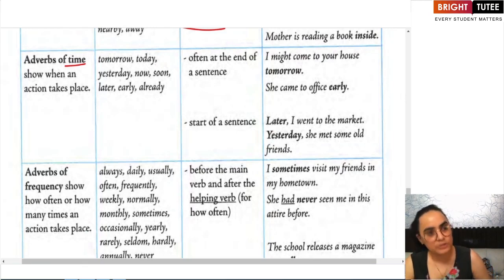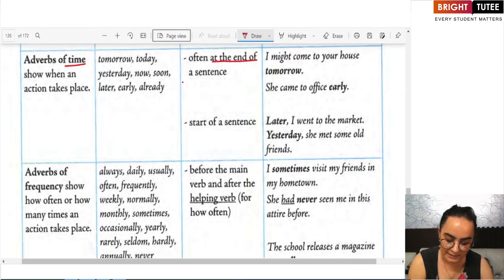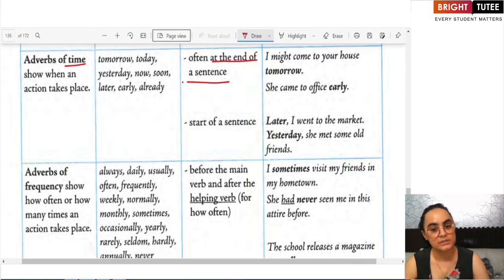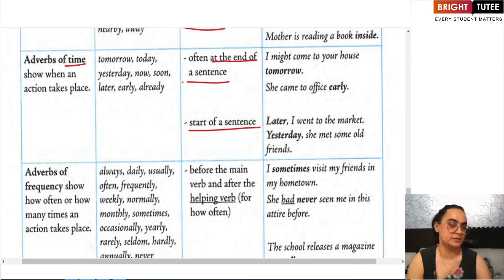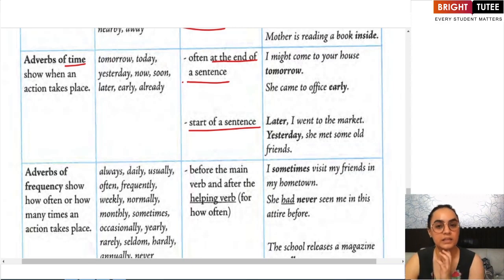Where do we put the adverb of time? They are used at the end of a sentence or at the beginning of the sentence. So an adverb of time will either be used at the end or at the beginning of the sentence.